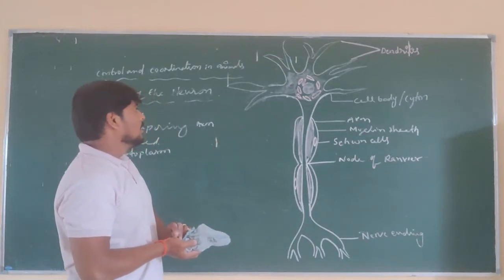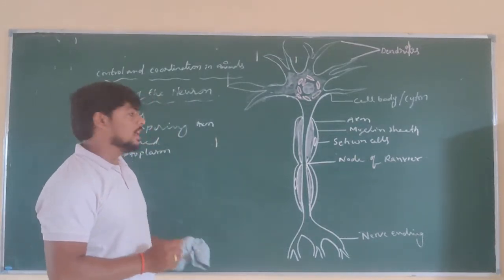This is the diagrammatic structure of the nerve cell.